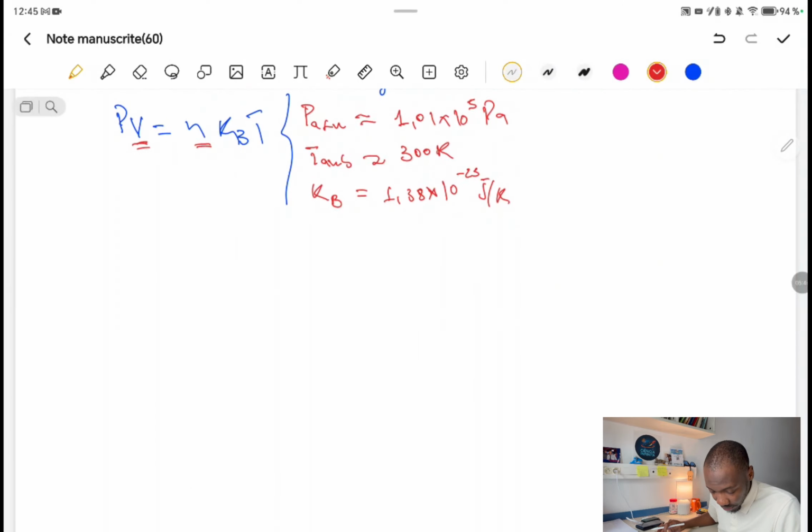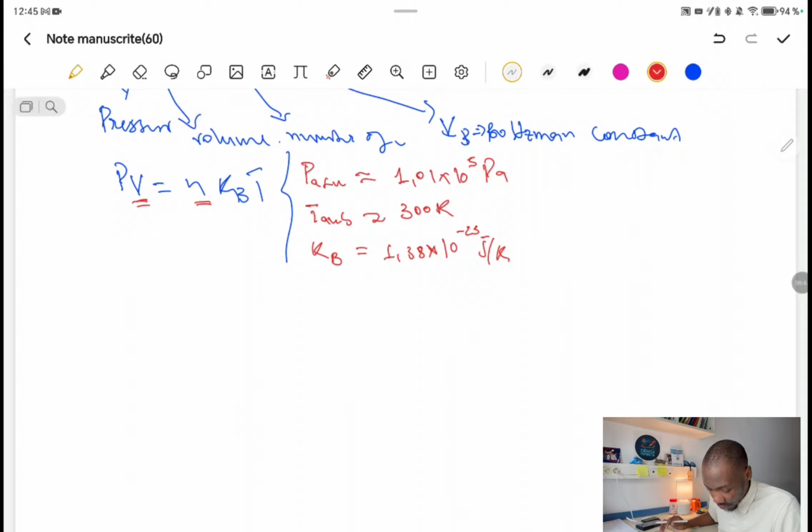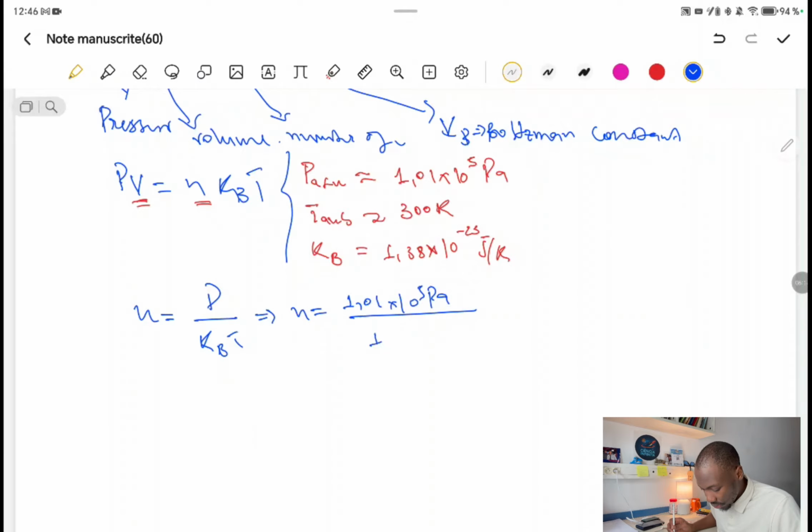And for the number of moles, we assume that for 1 meter cubic of volume, the number of moles per each meter cubic should be equal to the pressure over the Boltzmann constant and the temperature. This gives us 101 times 10 to the power of 5 Pascal over 1.38 times 10 to the power of minus 23 joules per Kelvin times 300 Kelvin.